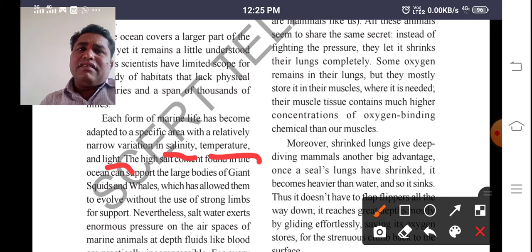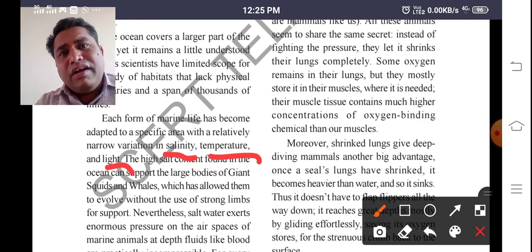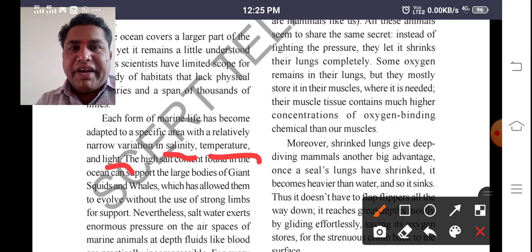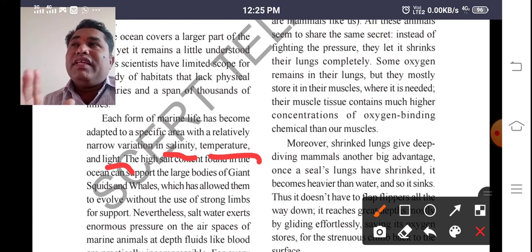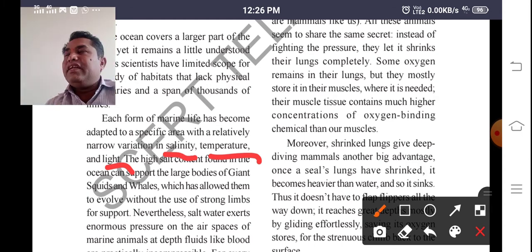These are the major factors which affect the life of marine organisms. Salinity means salt content, temperature, and light.